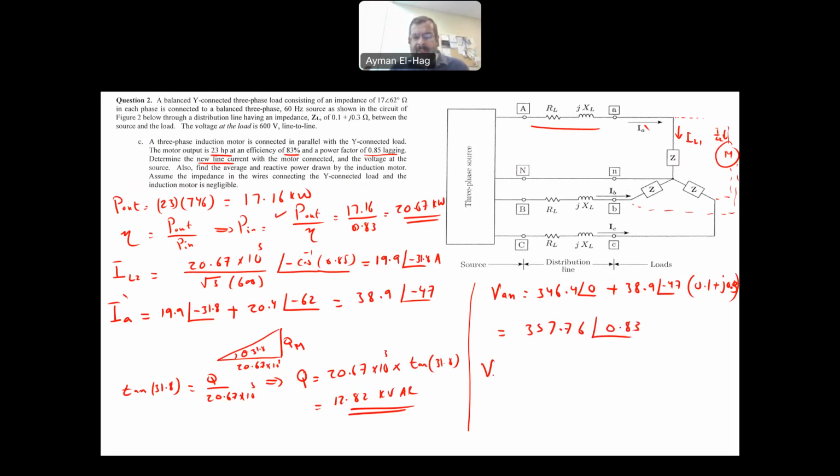Now, if I want to find the VAB, again, root 3 times 357.76, and this is 0.83 plus 30. This is how we can find the new currents, the new power, total power, the power of the motor after connecting a new load in parallel.